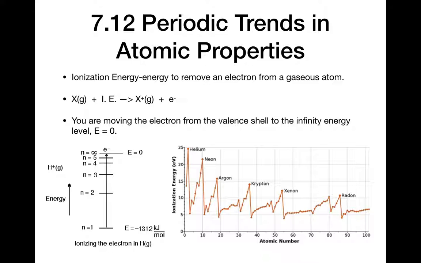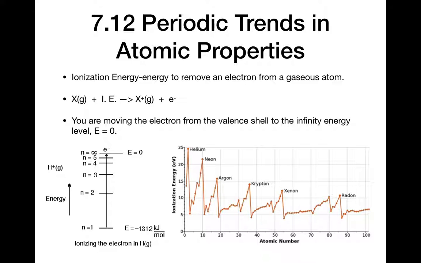So we see for hydrogen that if the electron is in the first energy level and you move it all the way to the n equals infinity energy level, you have to put in 1312 kilojoules to do that to a mole of electrons.